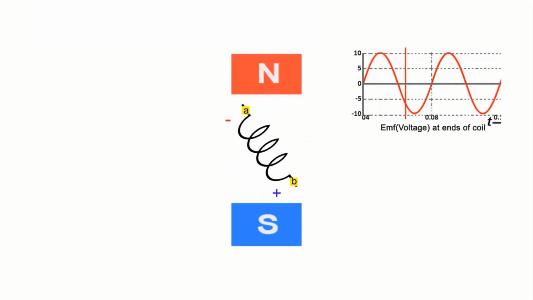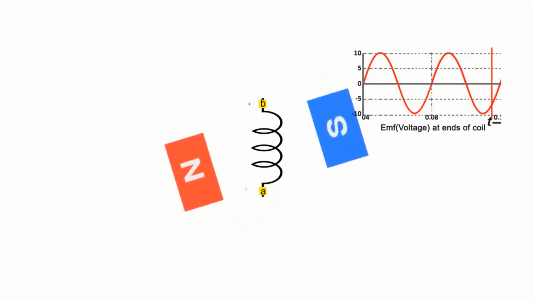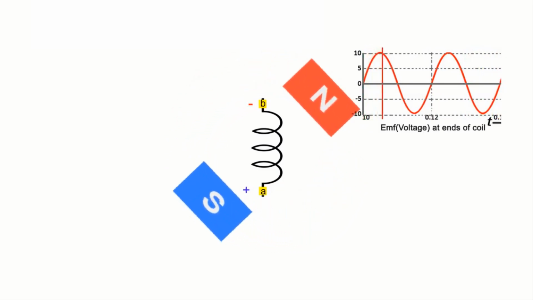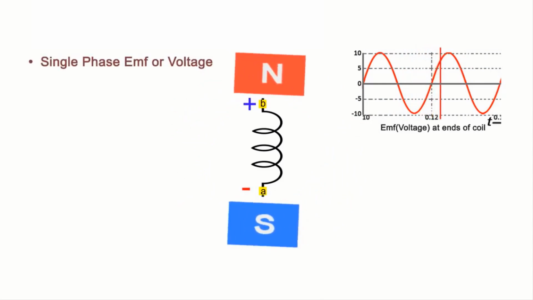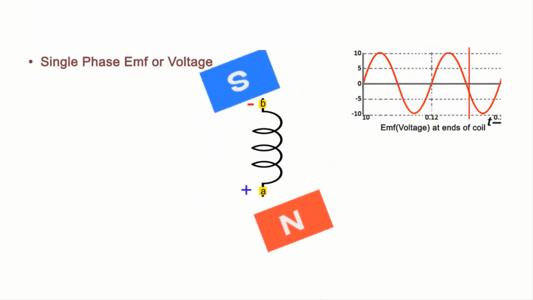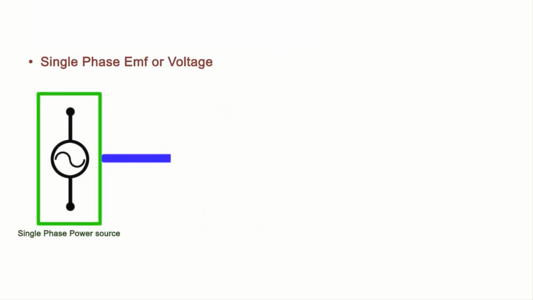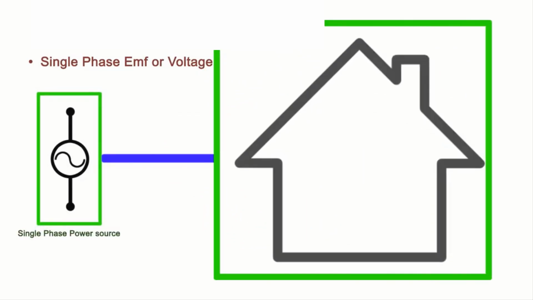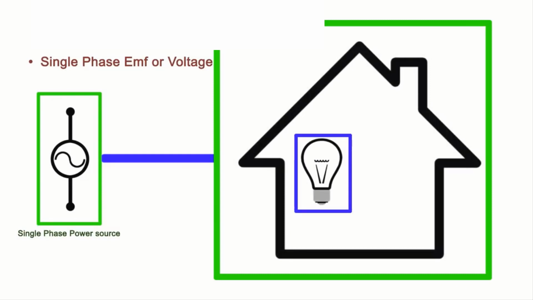Even we can produce the same alternating EMF in the coil by making the coil stationary and rotating the magnetic field. This is called the generation of single phase EMF or voltage. We can use this alternating voltage to run our single-phase domestic loads, like an electric bulb or a ceiling fan.